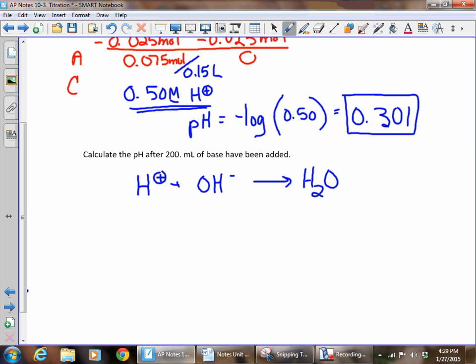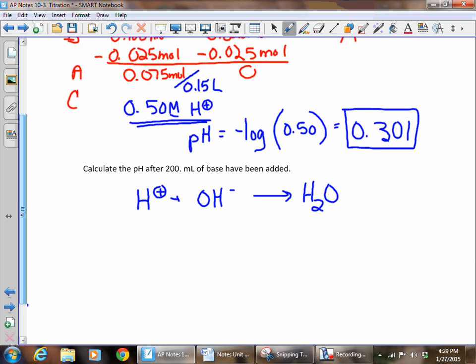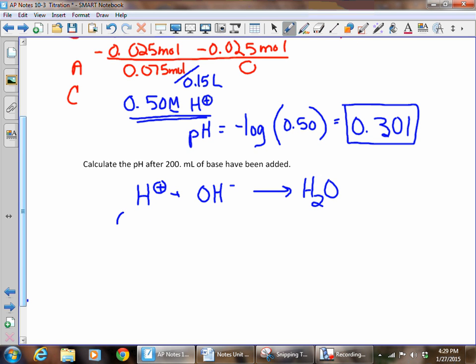And we still have the same amount of hydrogen ion that we had originally, which was 0.100 moles. Not concentration, amount of moles, remember, 0.100 moles. And now we need to know how much of our hydroxide we have. This time we've got 0.2 liters, and it's still 0.5 molar for our hydroxide ion concentration.